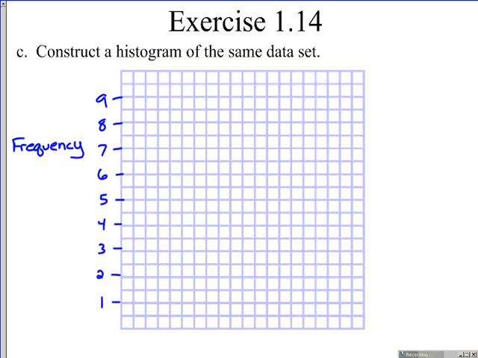Down along the bottom is still going to be our glucose level in milligrams per deciliter.